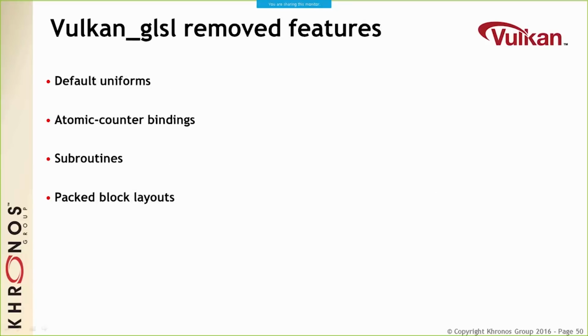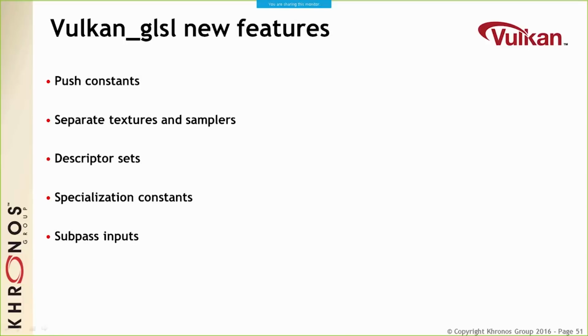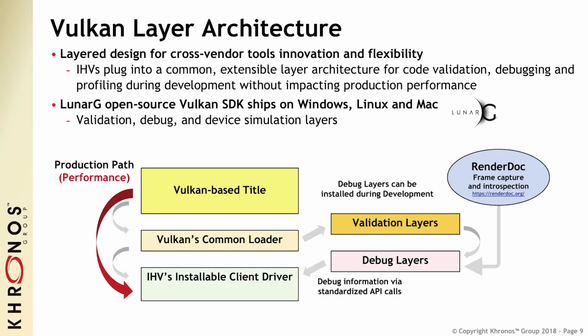You have a variety of different tools layers that plug into your driver stack during development time, and then when you deploy your application, you just take those layers out, so there's no overhead. And LunarG are the guys that have been putting a lot of awesome expertise into creating these layers, and they've been hard at work.